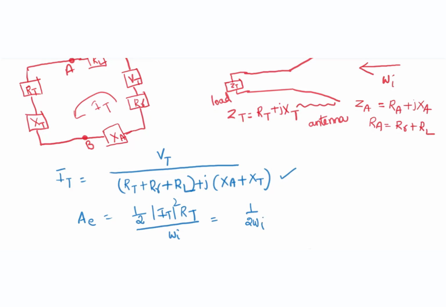Mod IT square. So that is Vt square divided by, as it is mod, RT plus RR plus RL whole square plus XA plus XT whole square, into RT.